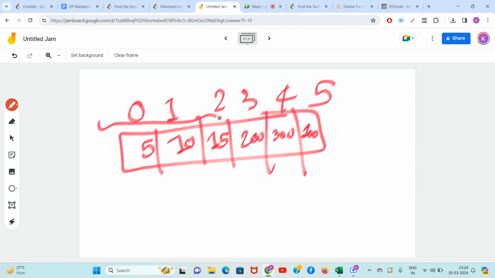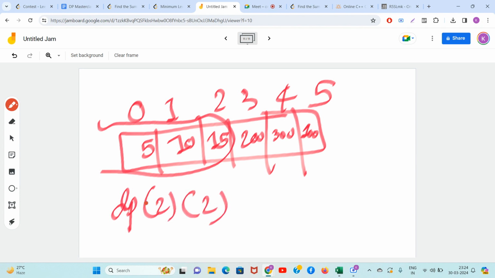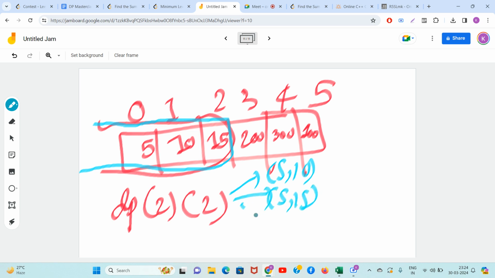Mani Sudhir, what will be dp2 of 2? If you are considering all the numbers from index 0 to 2, how many sets of length 2 are there and what are their sums? So dp2 of 2 will be, you will consider 5 comma 10, 5 comma 15 and 10 comma 15.